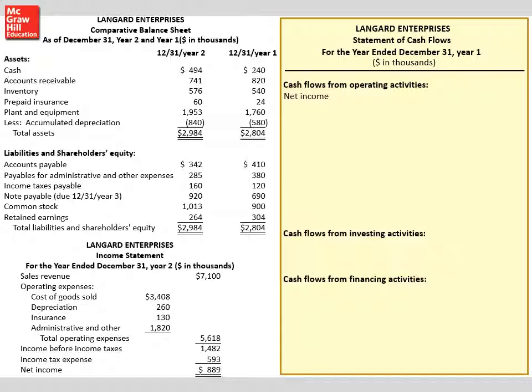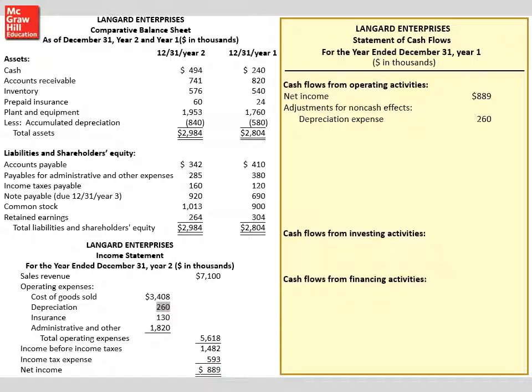We always start with net income. We look to see, are there any non-cash expenses or income items on our income statement? And the only one there is depreciation. Add it back. We add it back because it wouldn't have been subtracted if we reported our income statement from a cash perspective.